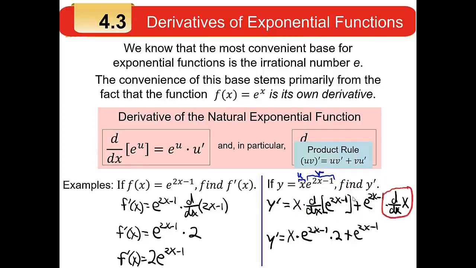Well, of course, the derivative of x is just 1. Probably want to clean that up a little bit, maybe put the 2 in front of the x. You've got 2x times e to the 2x minus 1, and then of course when you multiply something by 1, it doesn't change it, so that's just plus e to the 2x minus 1.